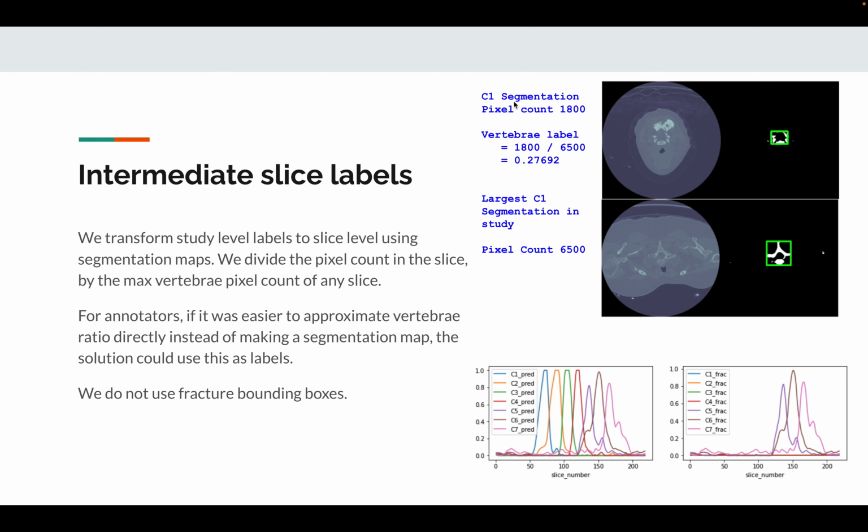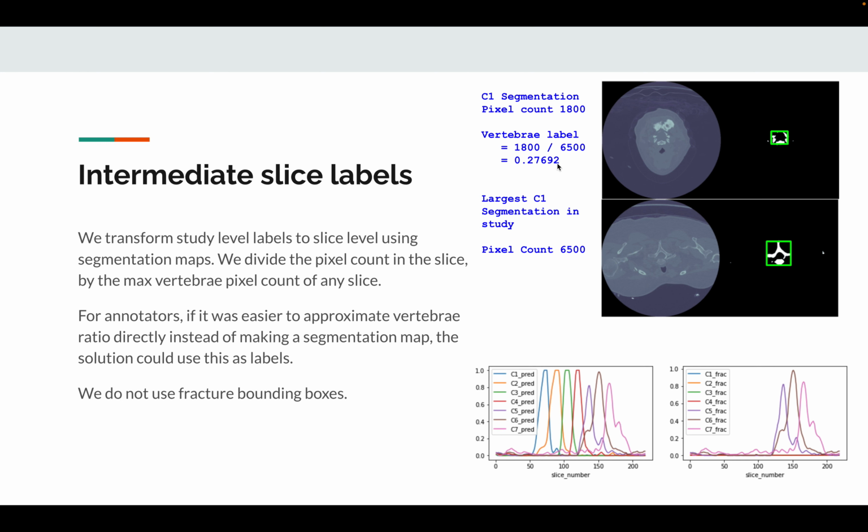Then what we do is we go through all the other slices and say, okay, how many C1 segmentation pixels are there? Let's say in this one we have 1,800. What we do is we divide the 1,800 by the 6,500, which is the max amount we have for C1, and we get as a vertebrae label for this 0.27692.